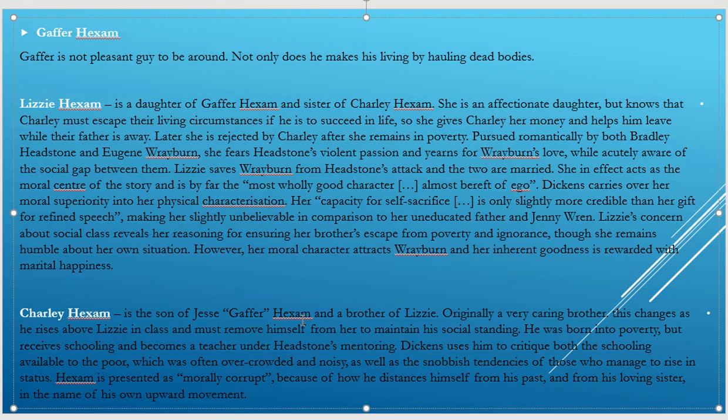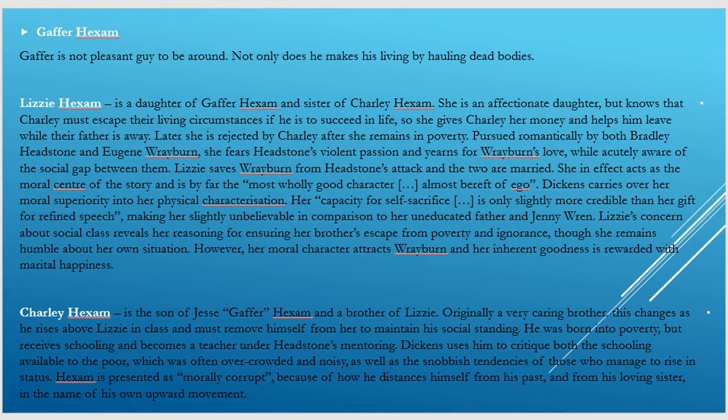Then he became a rich man or a man with money, and then Hexam is brilliant and morally corrupted. Corrupted by what? By getting some money, and after getting some money, his mentality and psychology changed because he didn't want to look back at his past. He just looked at his future and present as a man with money, and his social class just changed.